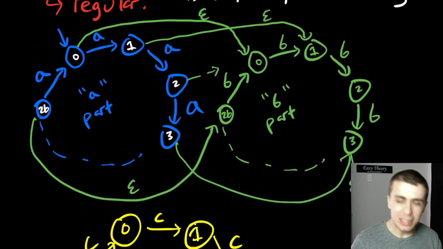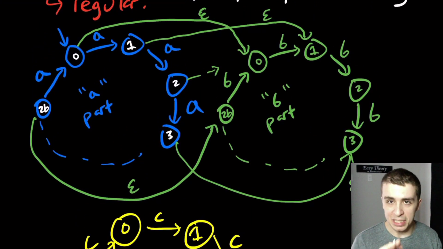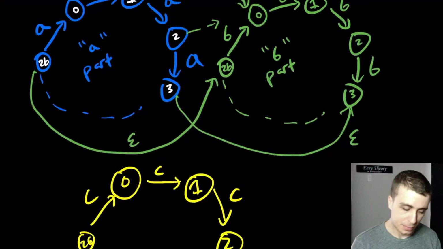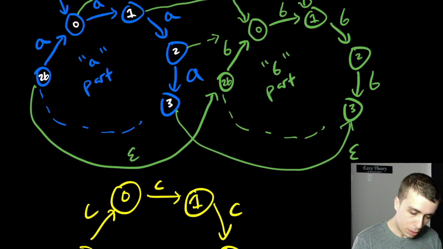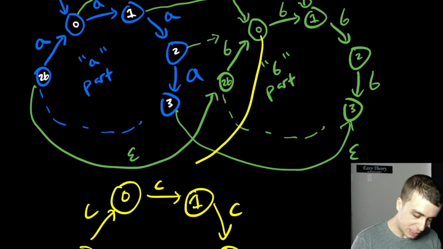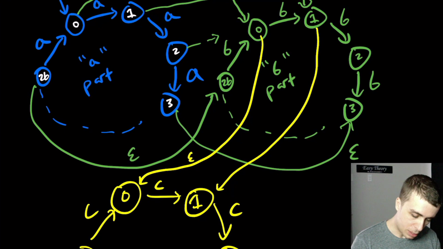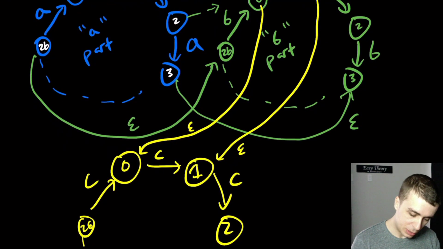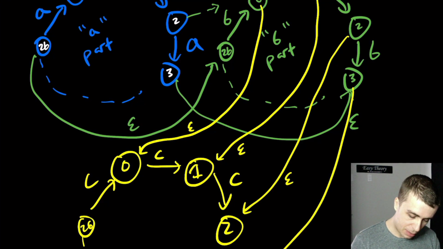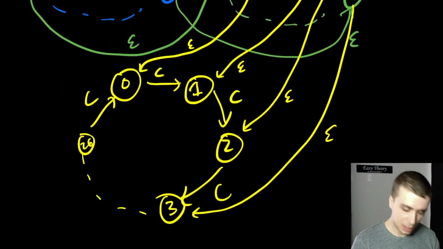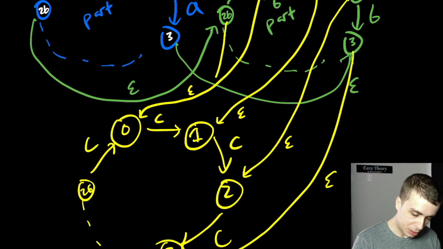So this is just the idea. I'm not actually naming these states these names. Then we will go from the corresponding state over here to the corresponding state in the C machine. So the 0 goes to 0, the 1 goes to 1 as an epsilon transition, 2 goes with 2, 3 goes with 3, like this, and then 26 goes with 26.